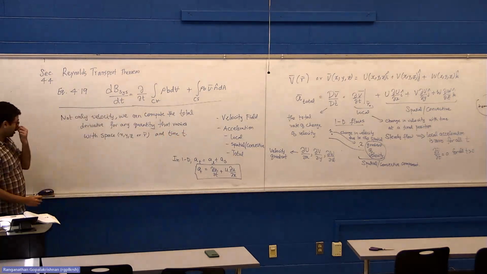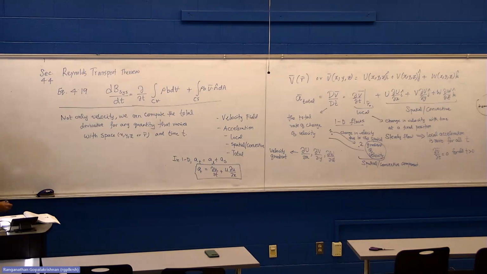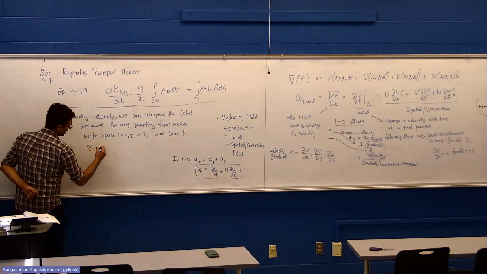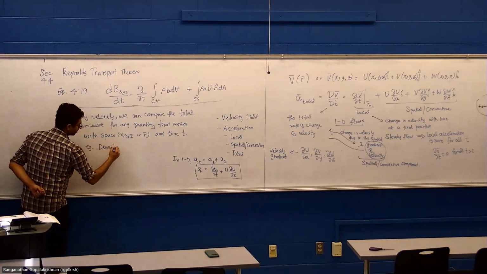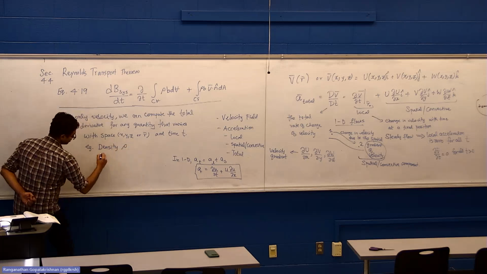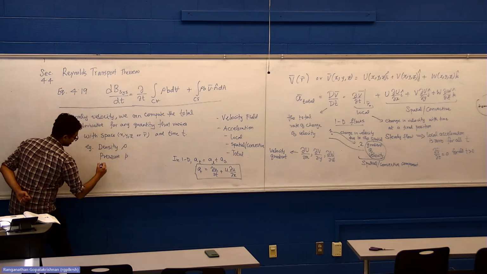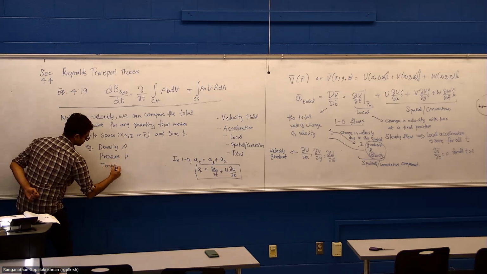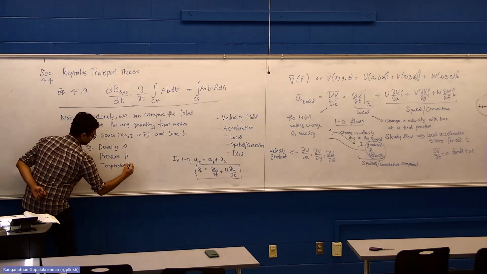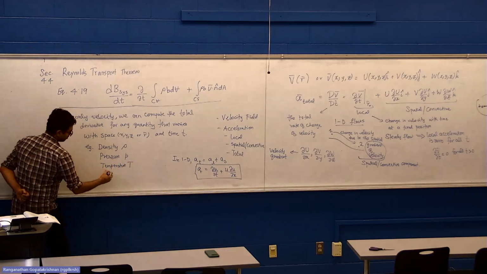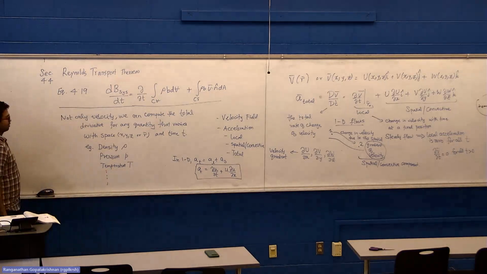We can define the total derivative for any quantity, and these quantities could be density, where we use the symbol rho most often, pressure, lowercase p, temperature, uppercase T, or any other quantity.